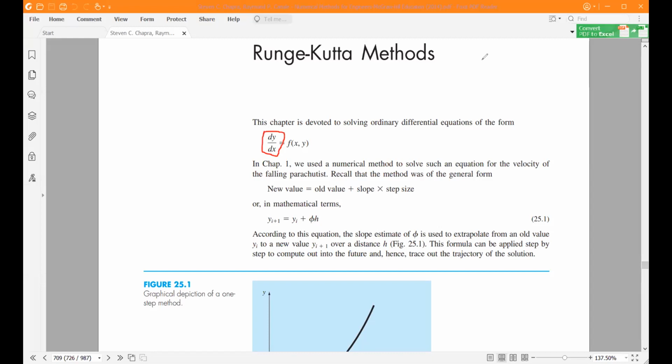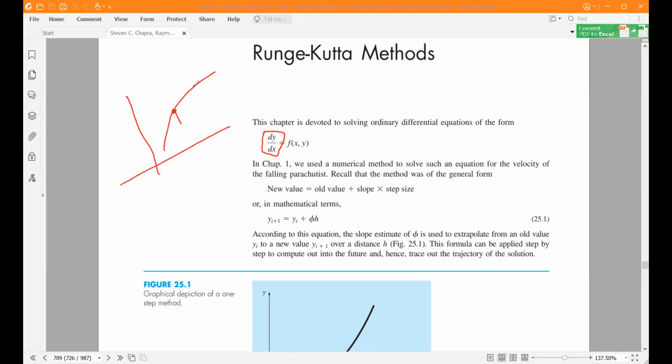With that estimation of the slope, you can proceed with solving the differential equation. Actually, our aim is to find y. So say your function is changing in this way.